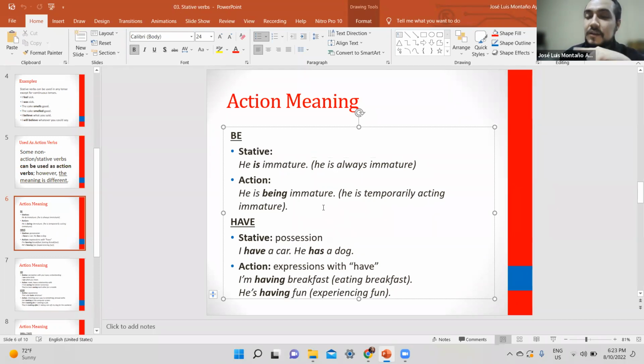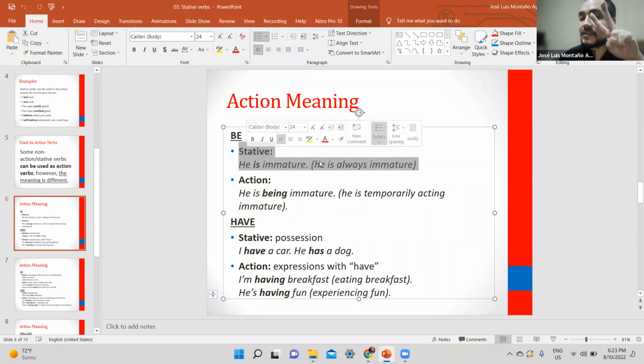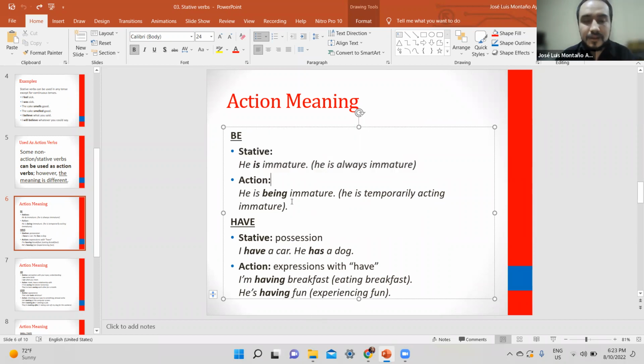So please, let's do the following. Write 2 examples with the verb to be as a stative verb, and 2 examples with the verb to be as an action verb. So 4 in total.